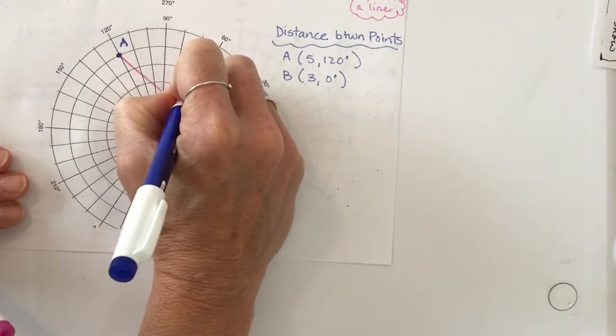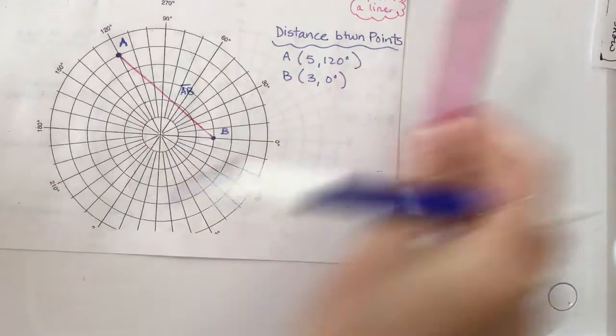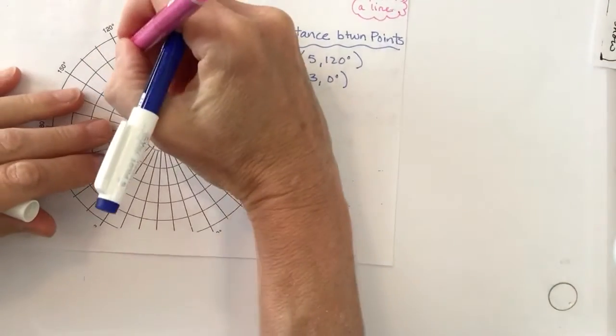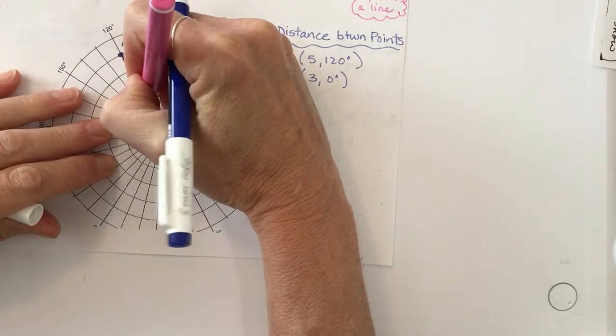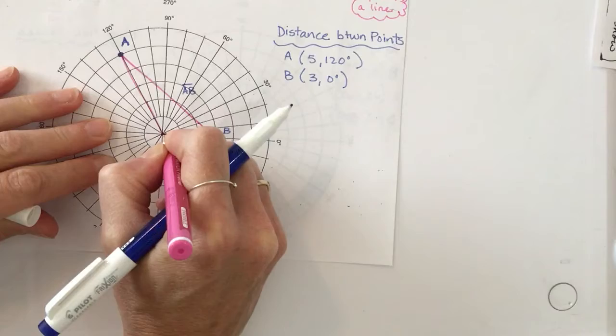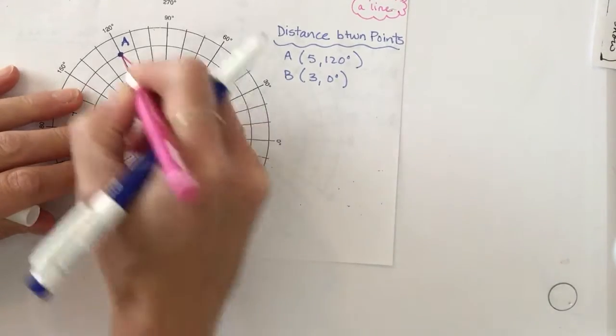Line AB, right? So the cool thing about this is if I draw the triangle that this makes, from the origin out, there we go. So we know some information here.